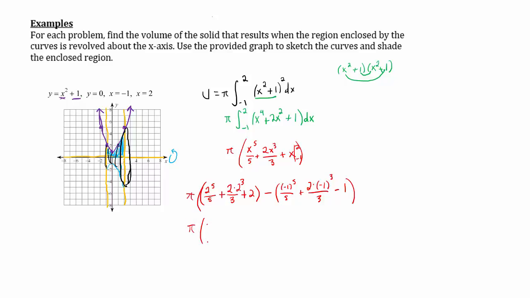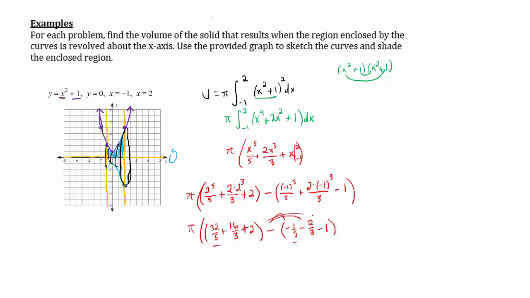If we're working it out by hand, we should end up with this being 32/5 and 16/3 plus 2 minus, this should be -1/5, -2/3 minus 1. And so even at this point, maybe I would rather do this in the calculator, except that we do have common denominators across our parentheses.